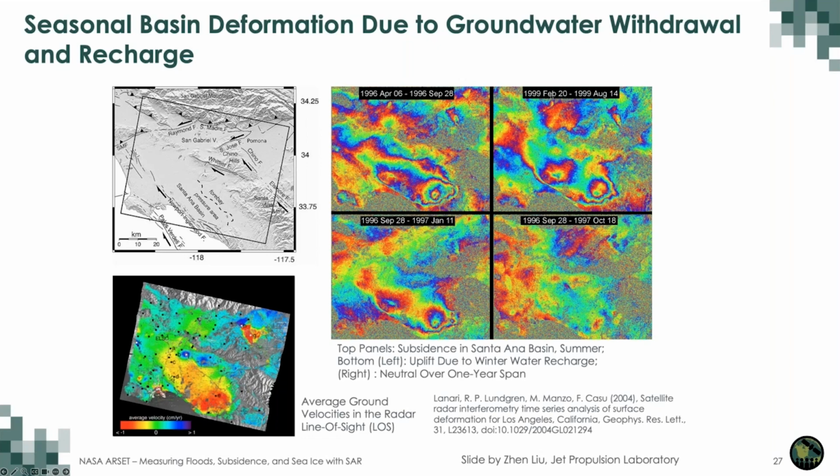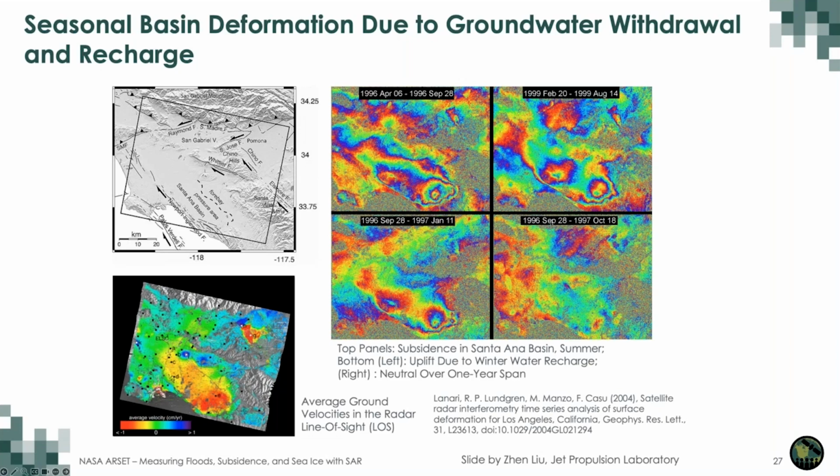If we look at a February to August, we also see subsidence. But if we look at a September to January interferogram, we actually see uplift. If you look carefully, the colors of these fringes are going the opposite direction. And that means that the ground has gone back up during the rainy season.